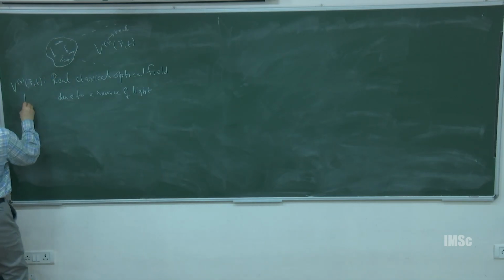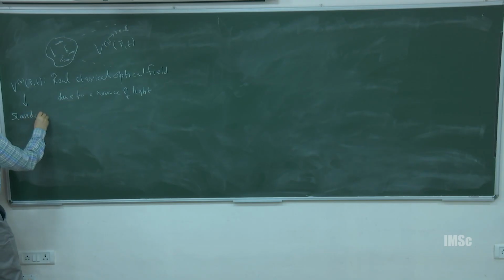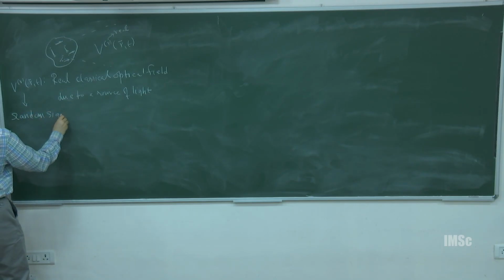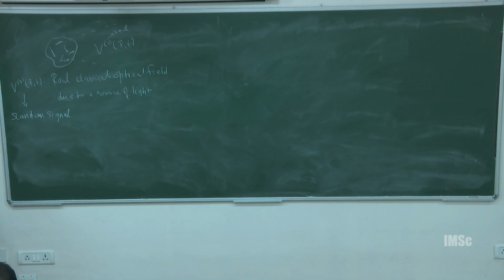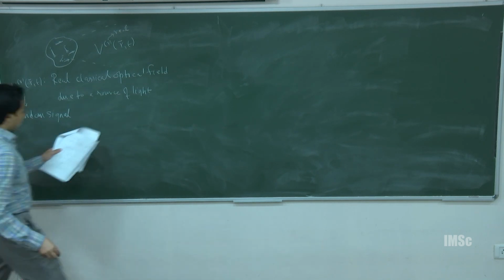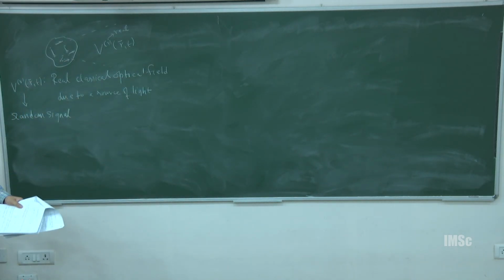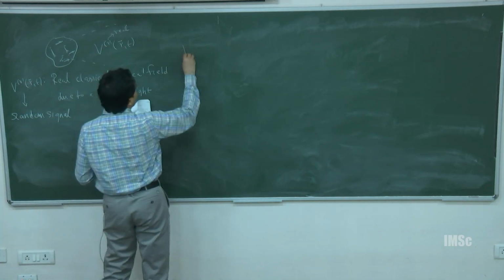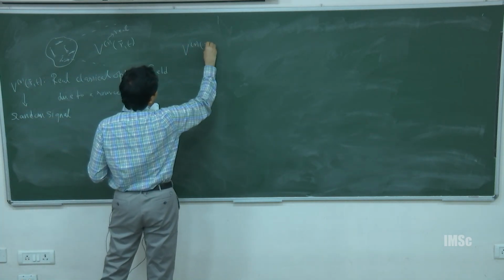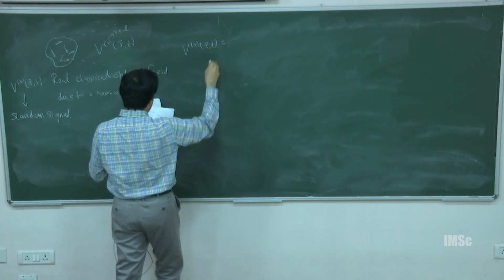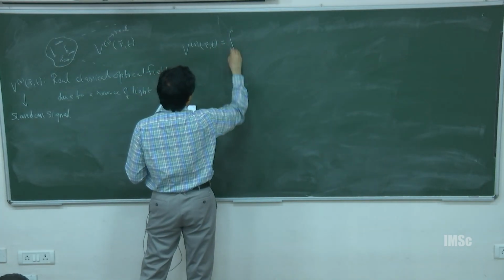And this one is, of course, a random signal. Now, we can express this real signal in terms of a complex analytic signal. So how do we do that? Basically do the same thing that we did a few minutes back.